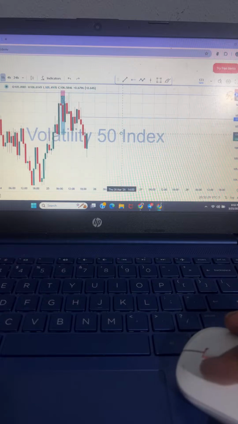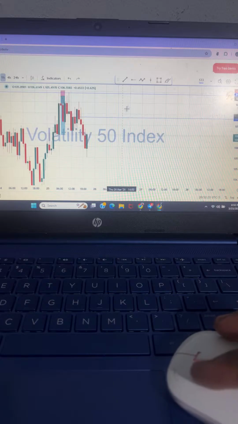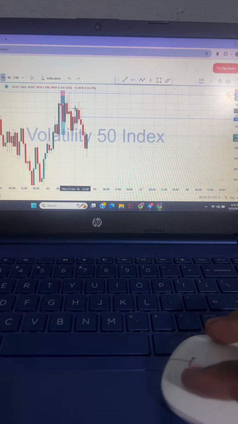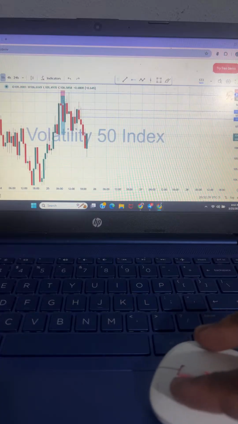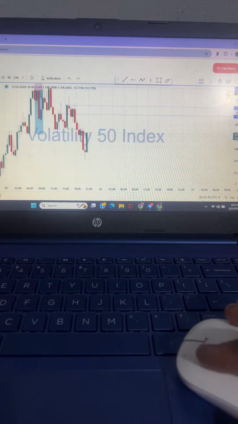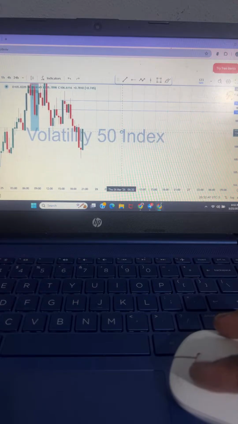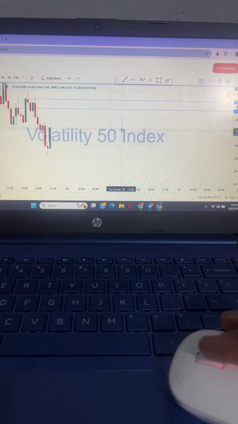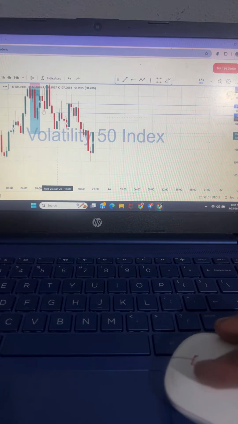This one I'm watching. Watch the zone here or this, either the invalidation or the structure. Those two zones. Let's see how it will go.